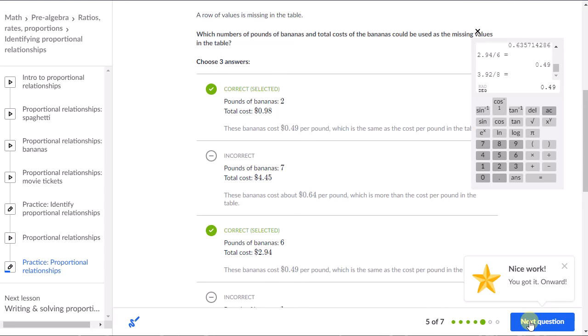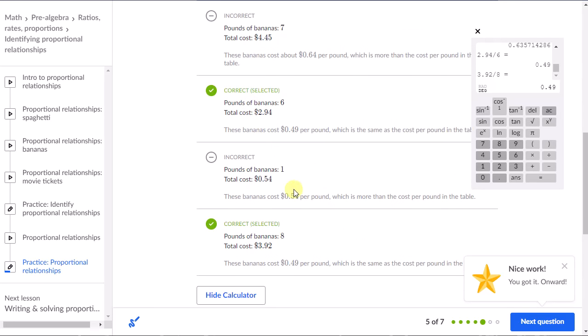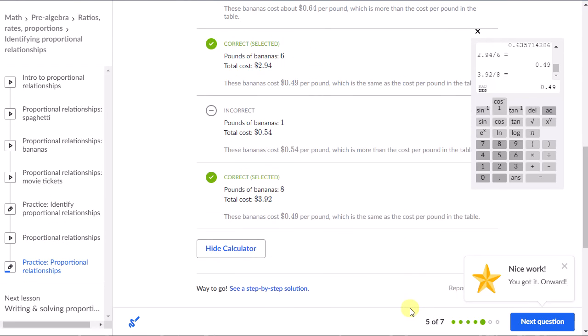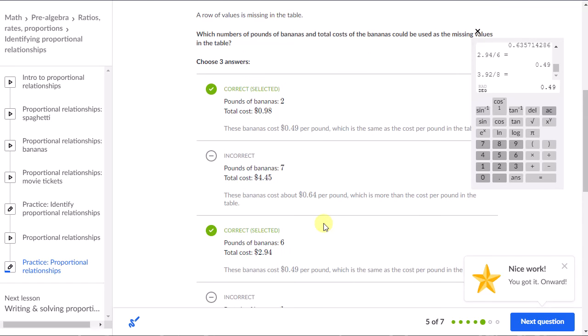Give it a check. It says I correctly selected that one. I didn't select it. I correctly selected that one. I correctly selected that one. So I'm now well on my way towards getting my bonus. Any calculations you're trying to do along the way, please show them. When you finish, yes, please do the screenshot of what you get there.